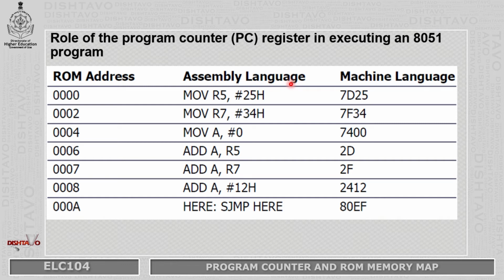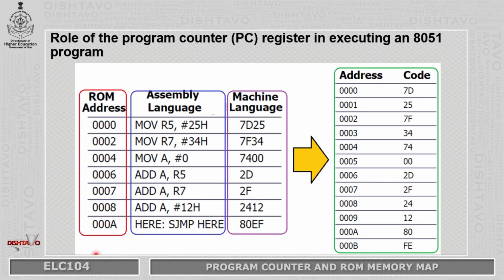So let's see a program here which has been written just to demonstrate the use of the program counter and what happens to the program counter while we execute this particular program. This is a program, and these are the ROM locations at which each and every instruction is going to be located.